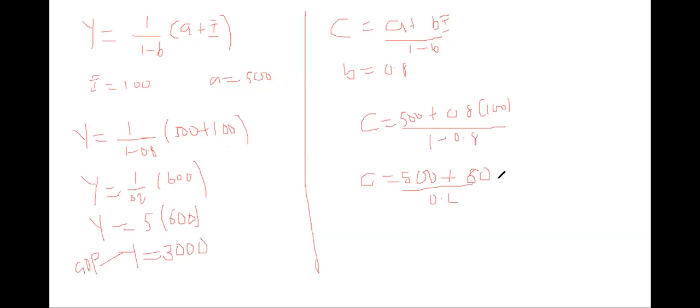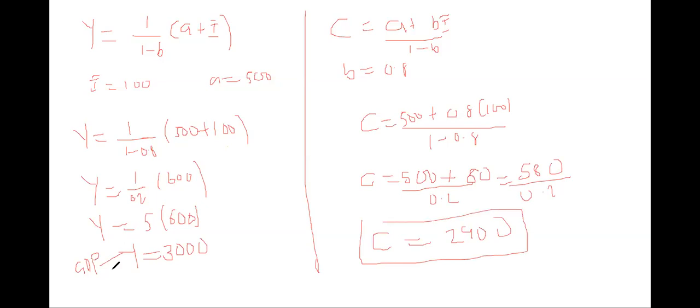So at the end of the day, this will give us 580 divided by 0.2. So C will give us 2,900 units of consumption. So then we have solved it, this is how you go about solving macroeconomics models like this.